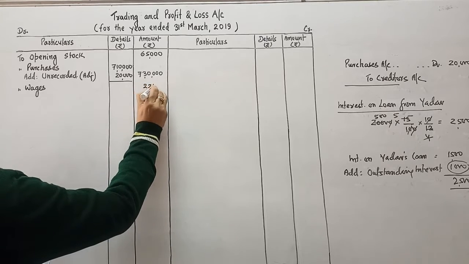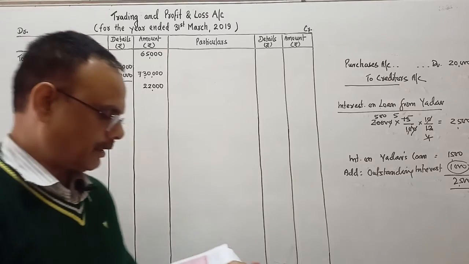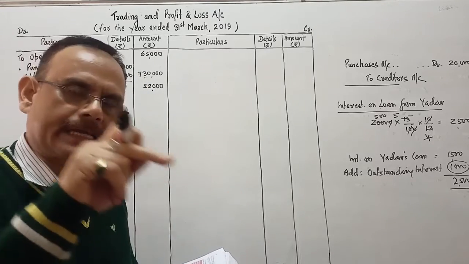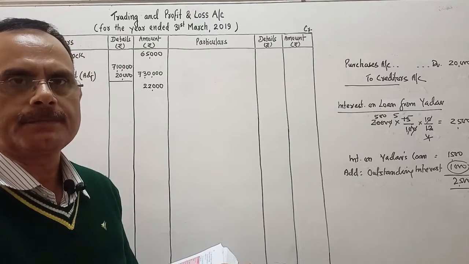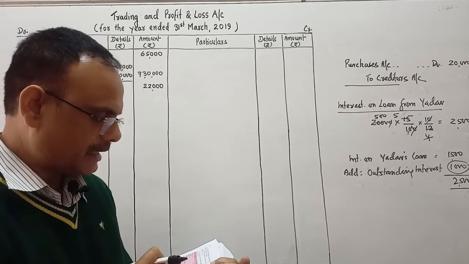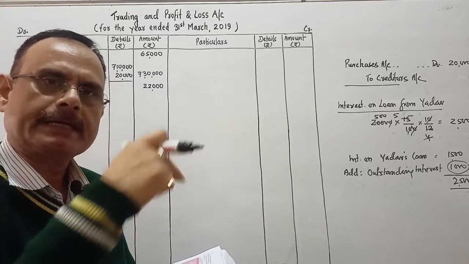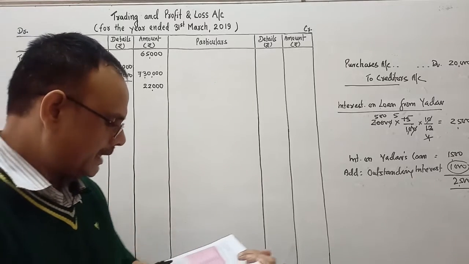There is outstanding wages given inside the trial balance on the credit side. That is not an adjustment. That will reflect directly in the liability side of the balance sheet.